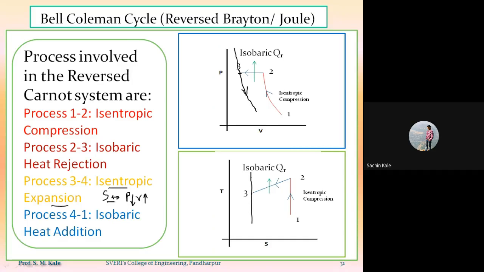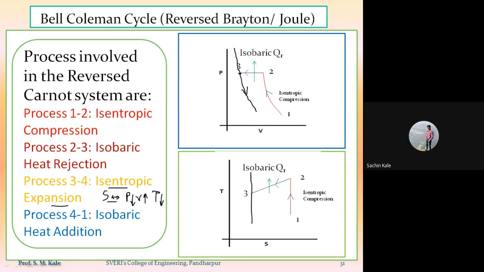So as the other word is expansion, in the case of expansion, will the temperature of that gas go on increasing or decreasing? If expansion happens, what will happen to the temperature? Increase or decrease? Decrease. So temperature will go on decreasing.